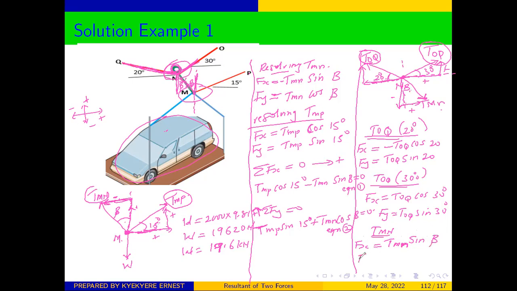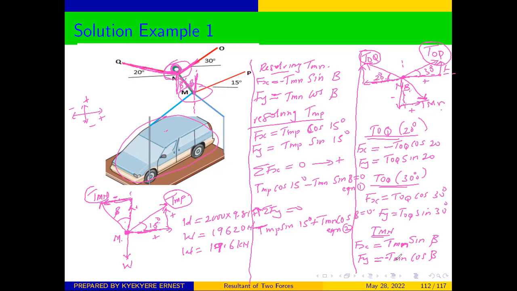And then our y component is now adjacent to our angle beta. Therefore, our y component is going to be TMN cos beta. And we said that it's coming down, and if it's coming down, our component is going to be negative.